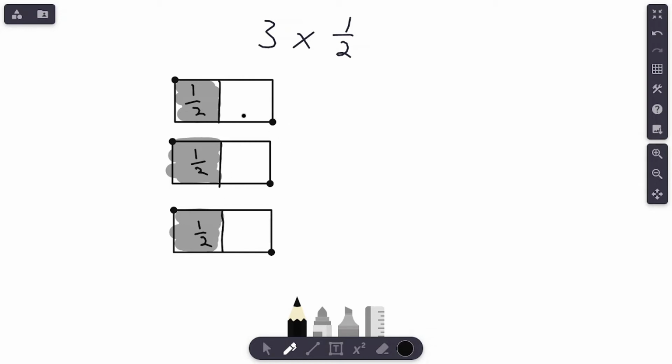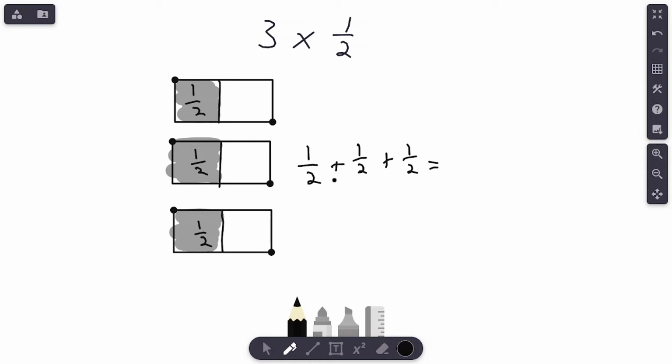Now, let's think about it. How would we get our answer? Well, we've got 3 models. Each of them is broken into halves. We shaded in 1/2 of each. So let's add those up. 1/2 plus 1/2 plus 1/2 gives us, add the numerators. Why can we add the numerators though?